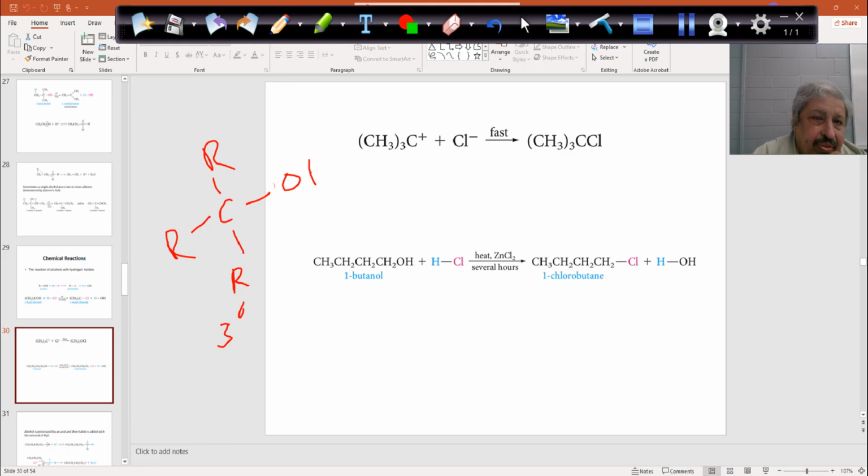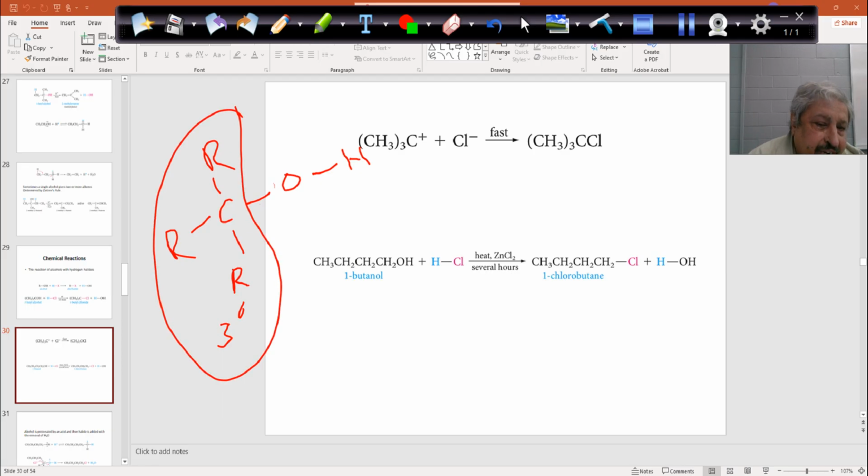Now, if I put this one here even further, you will see this tertiary alcohol can have hydrogen bonding with itself, correct? And because of the stability of the carbocation, I can have HO and then C R R R.